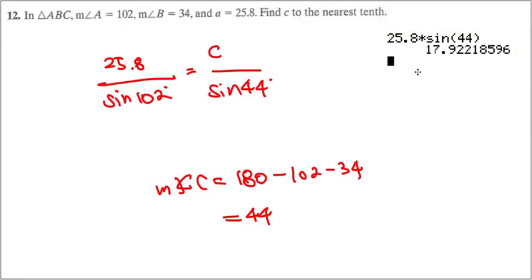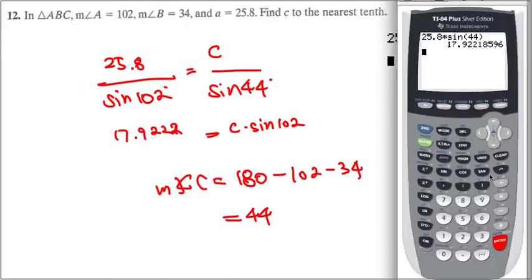So one side comes out to be this way, which will be equal to 17.9221 or 222, and C times sine of 102. To find the value of C, we have to divide by sine of 102.